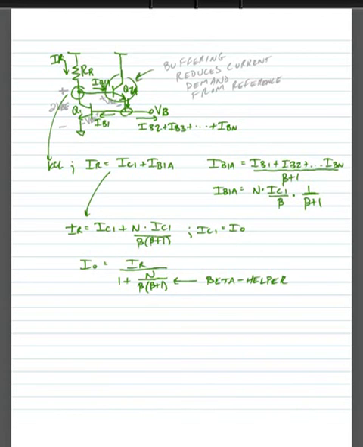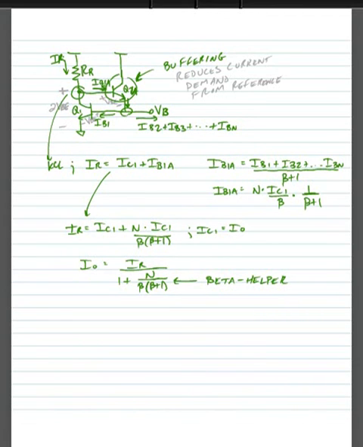So anytime we add this device into our current mirror, into our bipolar current mirror, we call this a beta helper current mirror. And effectively what this Q1A device is doing is adding some buffering to the circuit.